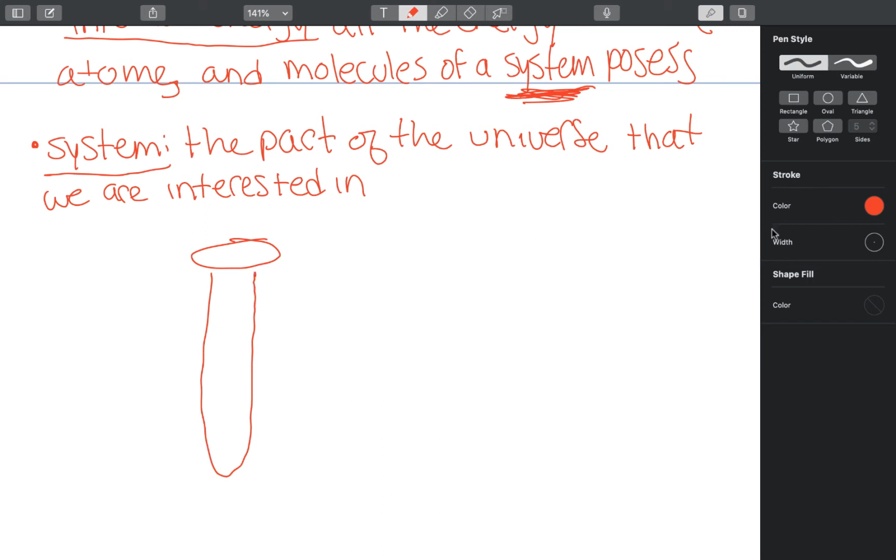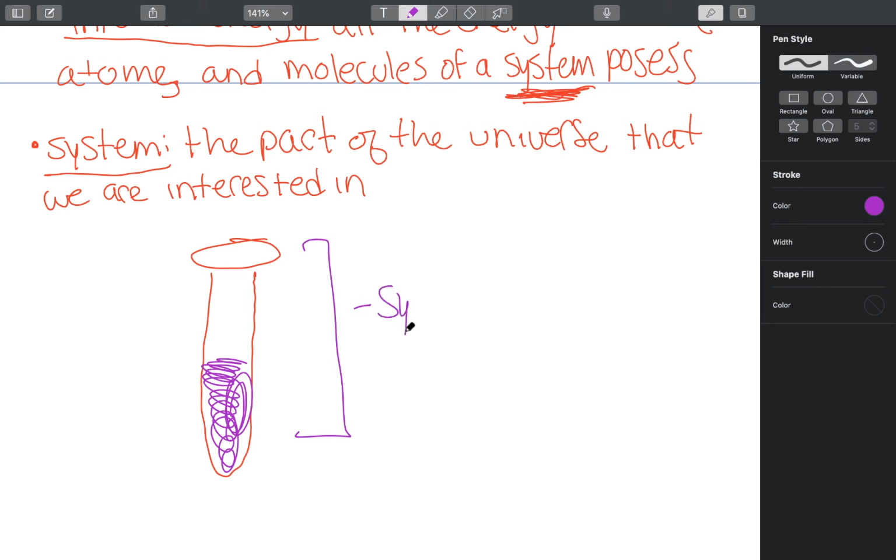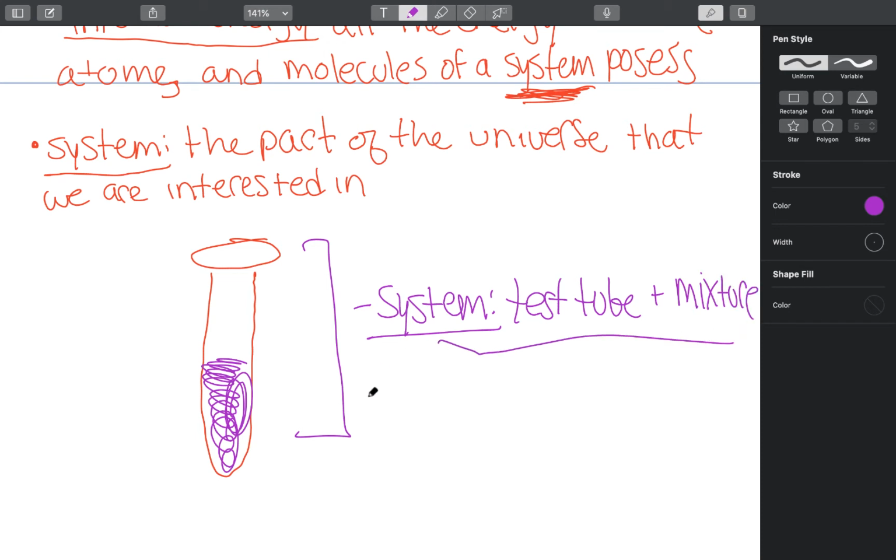So let's just say you have this test tube and inside you have this reaction mix. So let's just say we call our system the test tube and the mixture. So the thing to note is that we define the system.